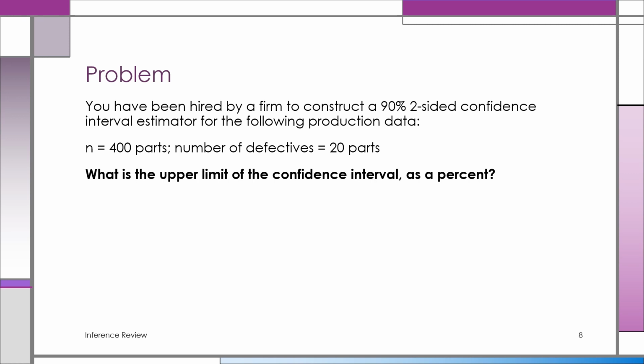And the problem asks you to construct a 90% two-sided confidence interval estimator of the true proportion of defectives. We know what the sample evidence is. We want an estimate of the population proportion. And in addition, we're being asked to answer the question, what is the upper limit of this confidence interval expressed as a percentage?